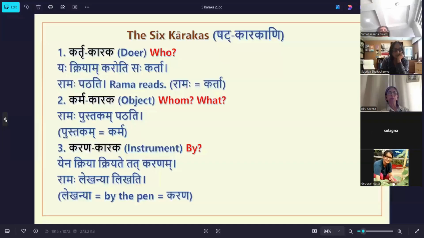Fourth is called dative, fifth is called ablative, sixth is called possessive or something like that. It is a sense of possession. So karana karaka means instrumental. It answers the question by.